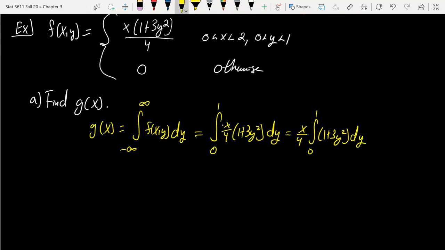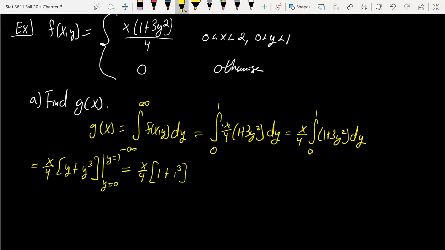And so let's go ahead and do this. x over 4 times the integral. What's the antiderivative of 1? It's just y. And the antiderivative of 3y squared should be y cubed. We want to evaluate all of this as y goes from 0 to 1 here. This is equal to x over 4 times, what's the evaluation when y is equal to 1?